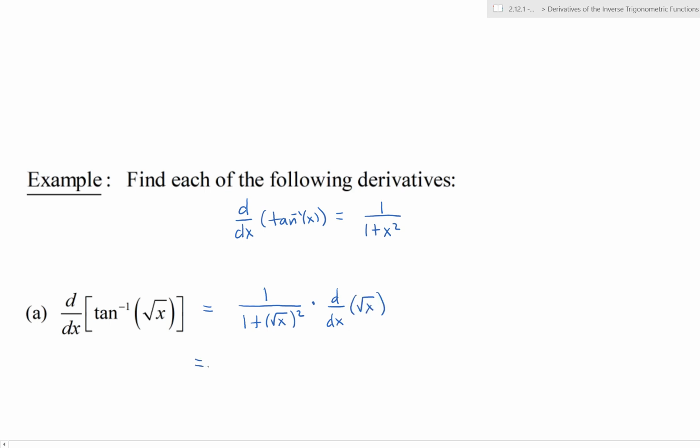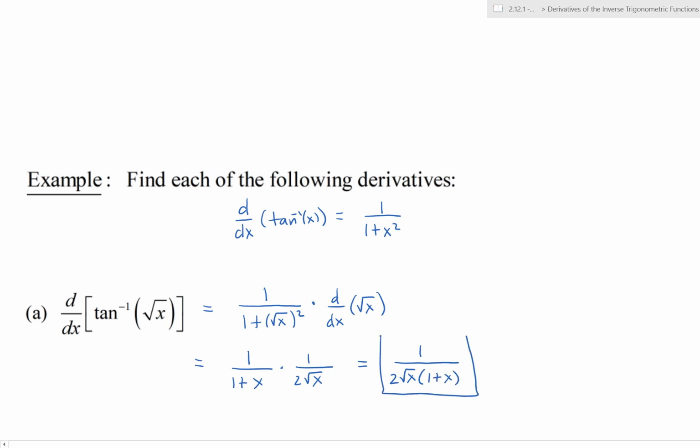And so obviously square root of x squared gives us an x, so we get a 1 over 1 plus an x, and then the derivative of root x is 1 over 2 root x. And so if we want, we'll just write this as 1 over 2 root x times a 1 plus x.